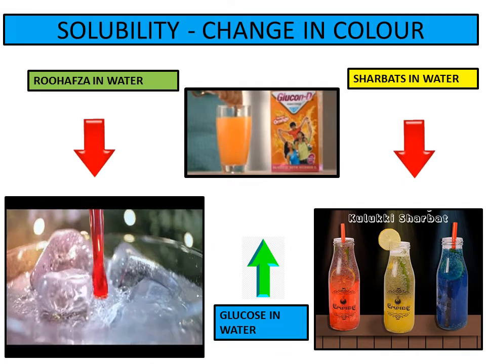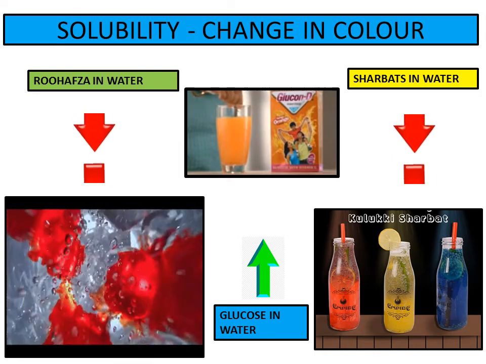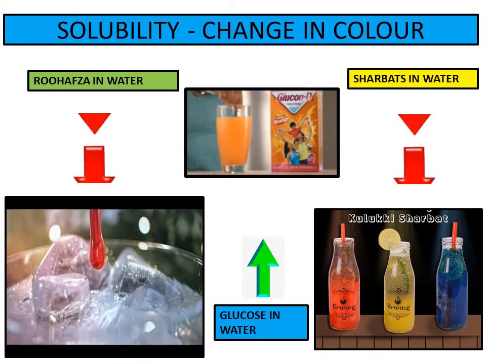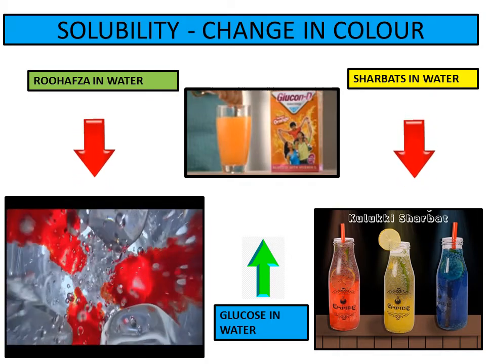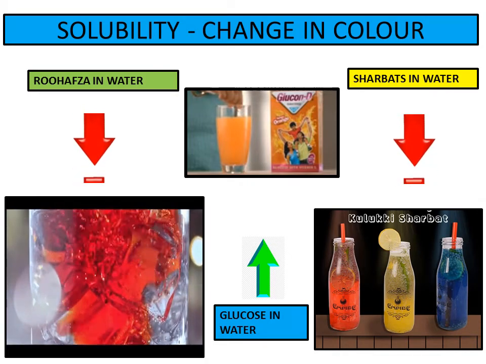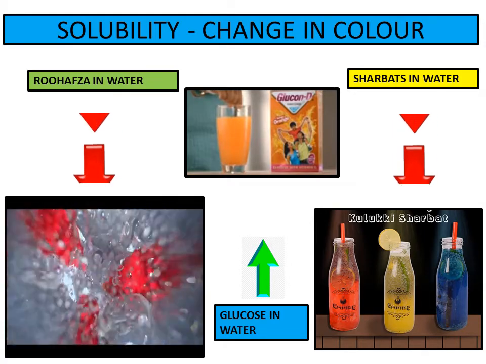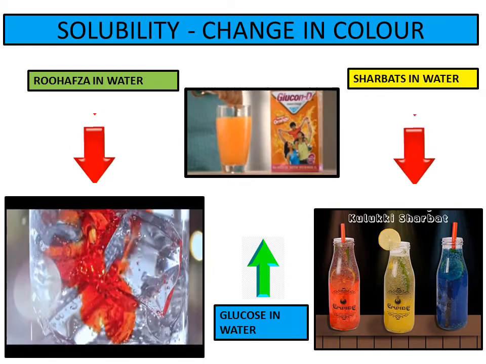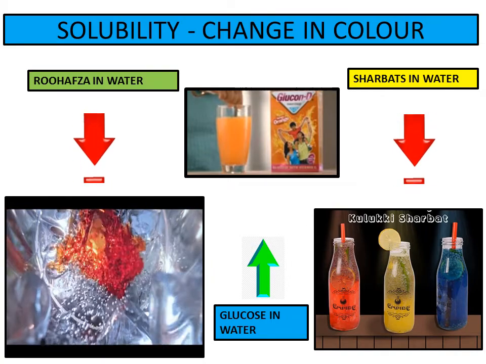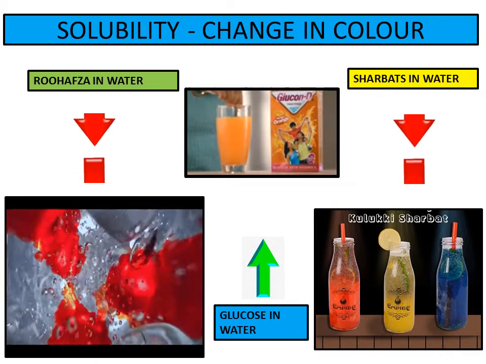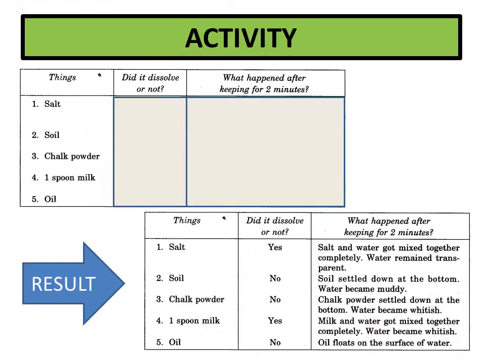If we add Glucon-D, that one orange flavor, the color gets orange. Similarly, the water will take the color of the sharbat which is being mixed into it. So one of the effects of solubility is change in color. We will come to know if the thing has dissolved or not by the change in color of water.